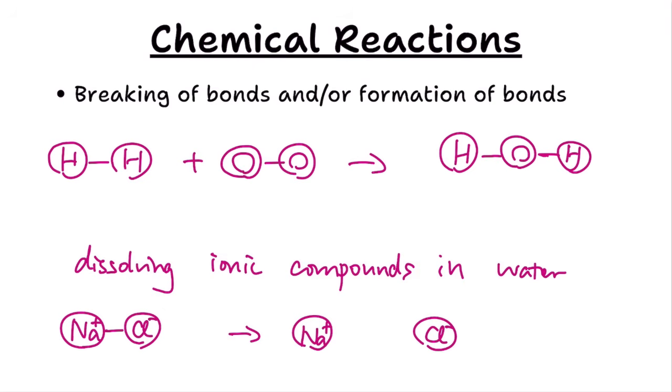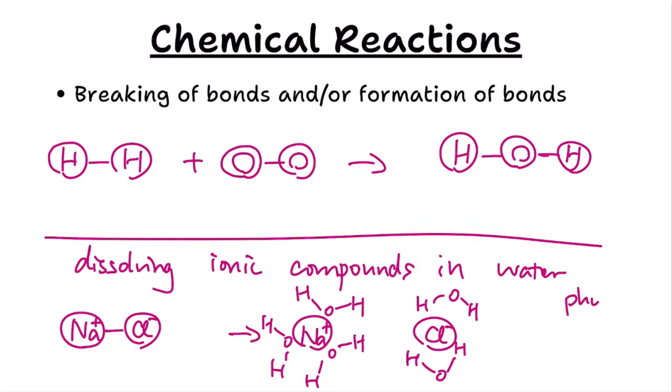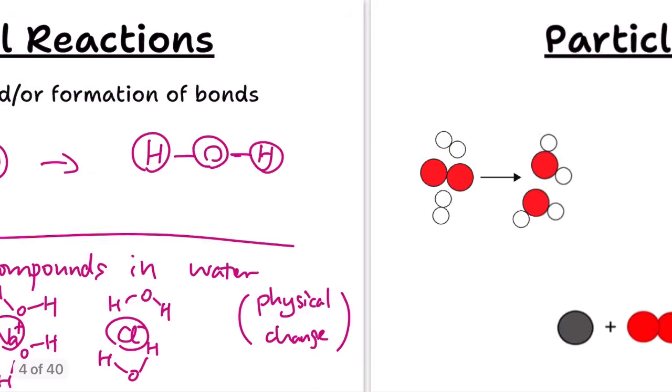And then these ions are surrounded by water molecules. This is the only physical change that has breaking of bonds involved. For all other types of breaking of bonds, they are all considered chemical reactions.